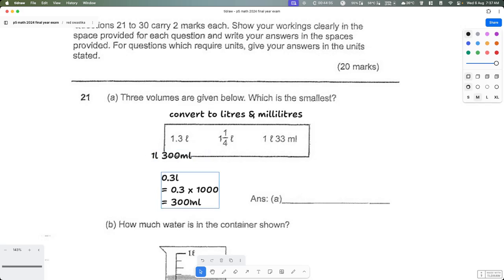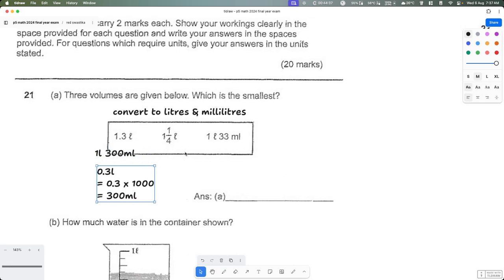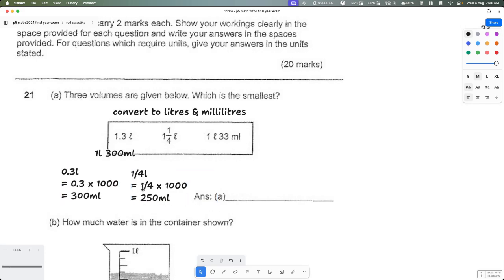Next one, 1/4 liters. You just multiply: 1/4 times 1000 is equal to 250 milliliters. So in this case, we put 1 liter and 250 ml.